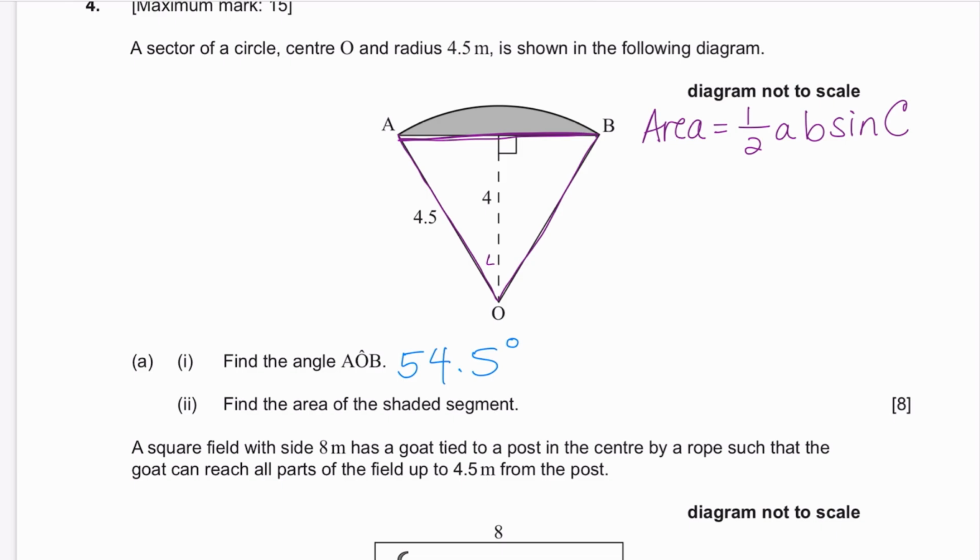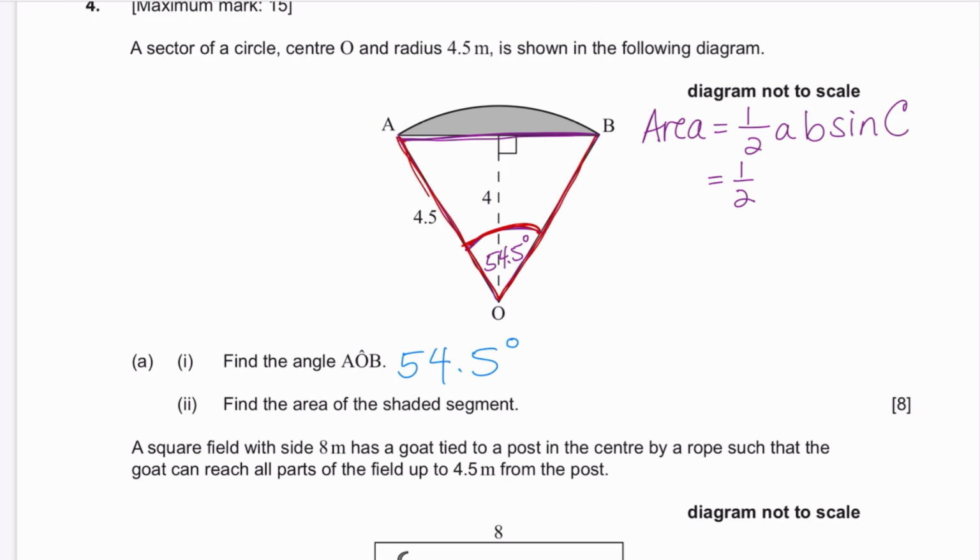Remember that we already found this entire angle to be 54.5 degrees right here. And so the way it works to find the area is that you're going to do 1/2 A and B, which in this way of finding area are the 2 sides that make up the included angle.